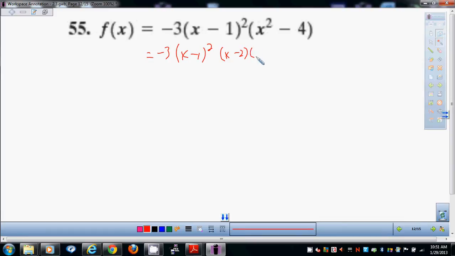I'm actually going to go back up here. -3. What happens if I FOIL this? Isn't that going to be x squared? This one. This is x squared minus 4. Oh, gross. Here we go. Take the x squared by all three. So that's x to the 4th minus 2x cubed plus x squared.